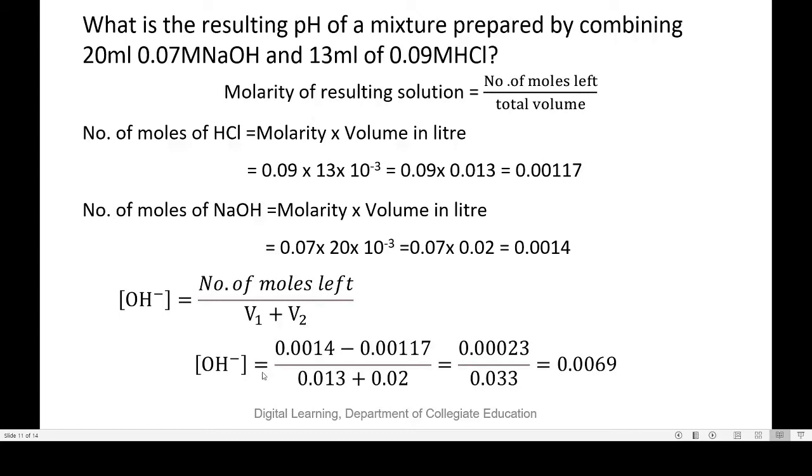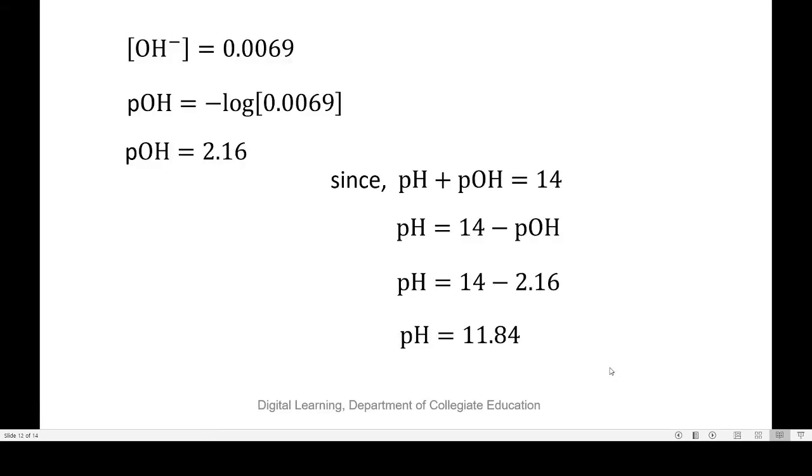So it is equal to 0.0014 minus 0.00117 upon the total volume of the mixture. On calculation, you will get the hydroxyl ion concentration equals 0.0069. So here we got the hydroxyl ion concentration as 0.0069.